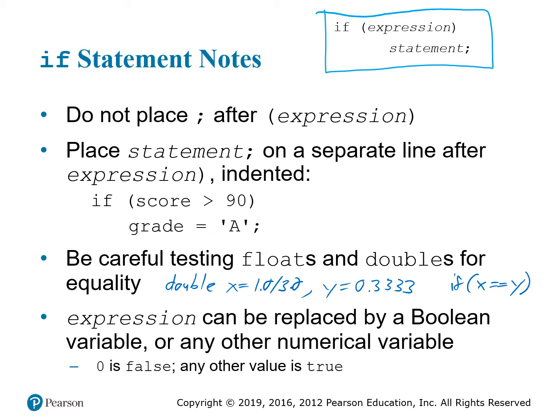It would be false, because there's enough rounding error between x and y that the logic unit in your computer is not going to say, well, 0.3333 is about 1/3, sure, they're equal. C++ doesn't do that. It looks for exact equality, and exact equality is so rare with doubles and floats that it's much better to test for a range of values, and we'll cover that on a later slide.